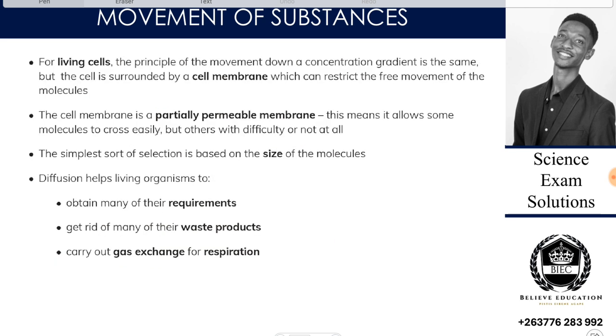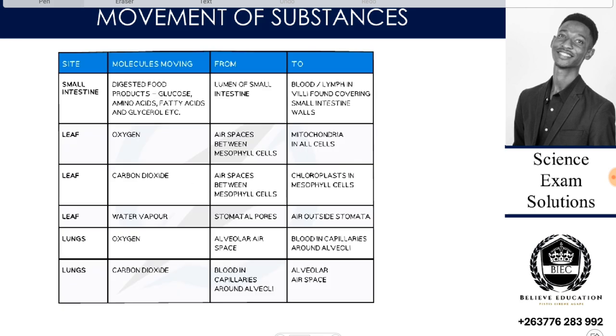Then let's look at this table of ours, which is showing us places where what happens? Diffusion. Are we together? Then we want to see, first, the small intestines. In the small intestines, the molecules moving are the digested food products such as glucose, amino acids, fatty acids and glycerol.